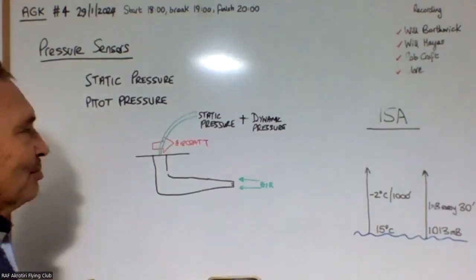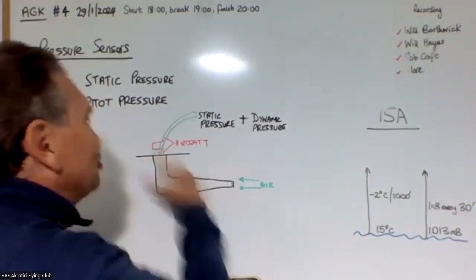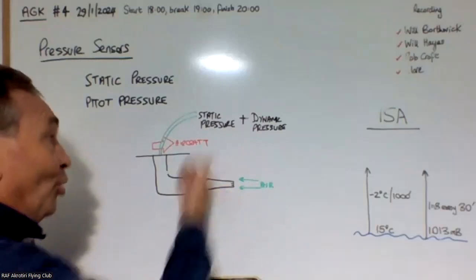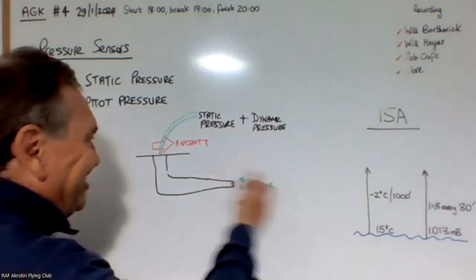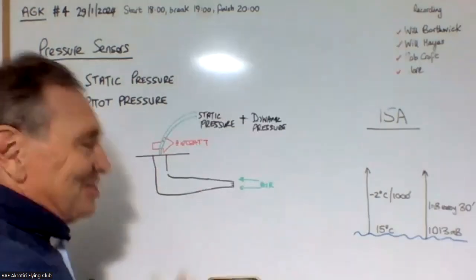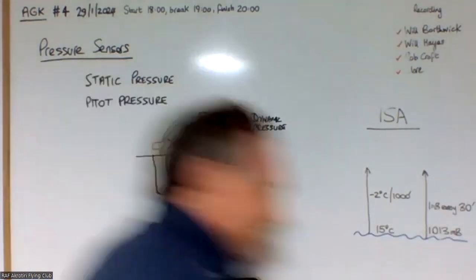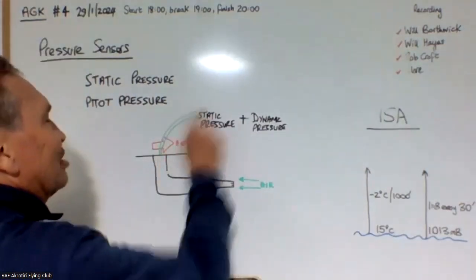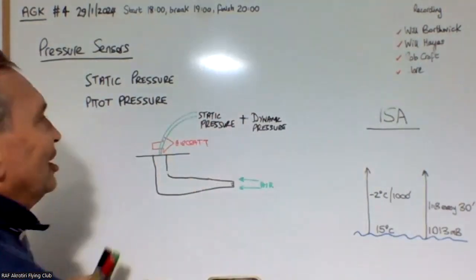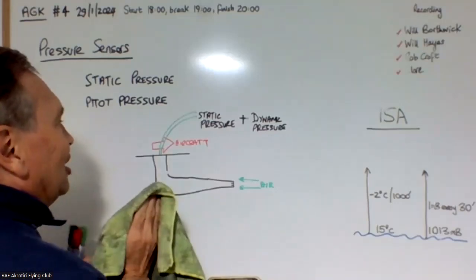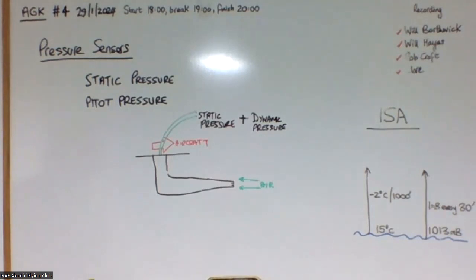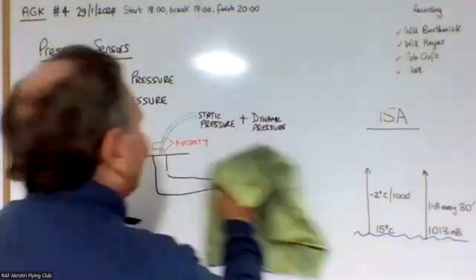Yeah, because if the plane's not moving, this is really a static port. It's a hole connected to a tube connected to the outside of the plane. Only when the plane's moving does this pressure increase, and of course it is static plus dynamic, and so what's coming out of this tube isn't necessarily dynamic pressure; it's static pressure plus dynamic pressure, which we call the pitot pressure.